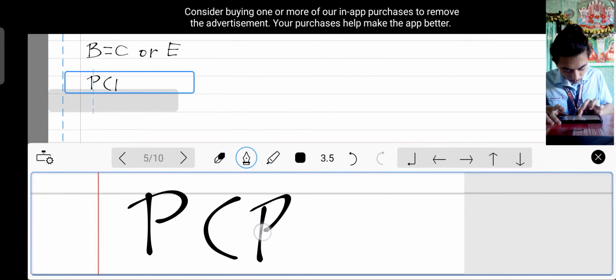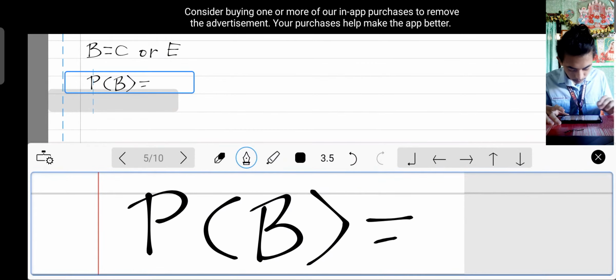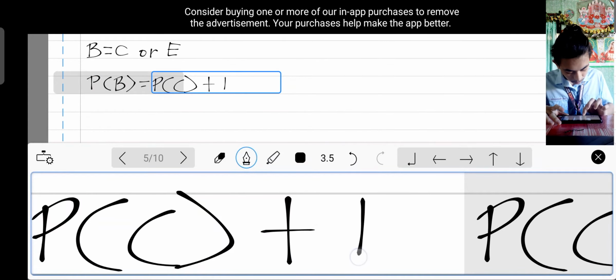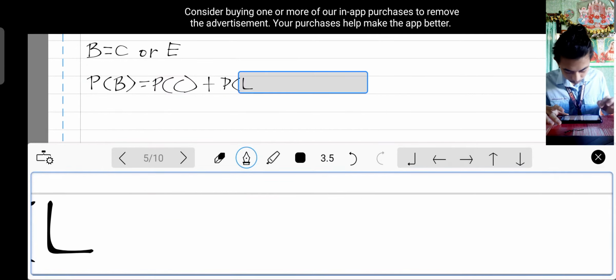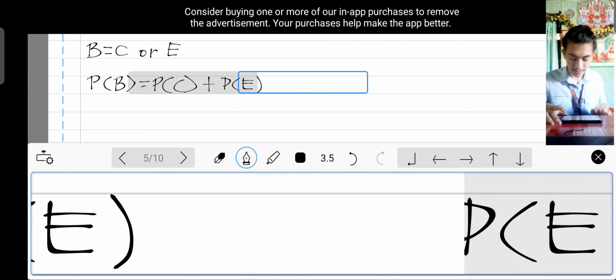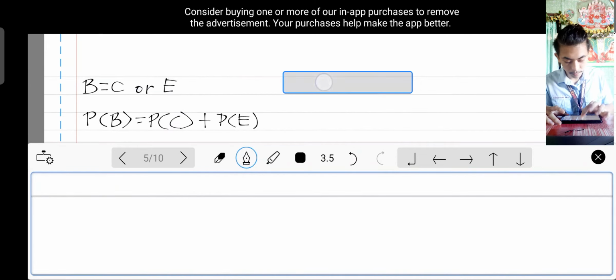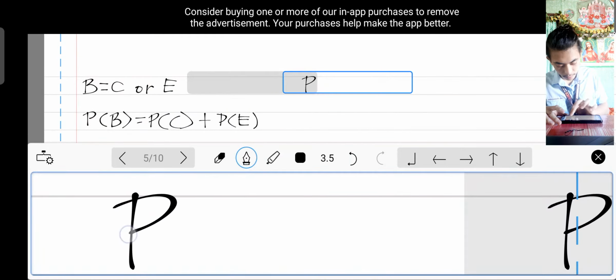Probability of event B is equal to probability of getting civil engineering plus the probability of getting electrical engineering. First we have to calculate the probability of civil engineering.